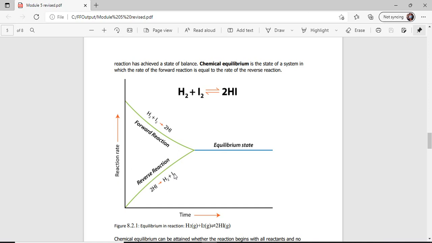The mixing or combining of your hydrogen and your iodine into 2HI will decrease. Then the breakdown of your hydrogen iodide into hydrogen and iodine increases. As one decreases, the breakdown increases. You will have your equilibrium state.